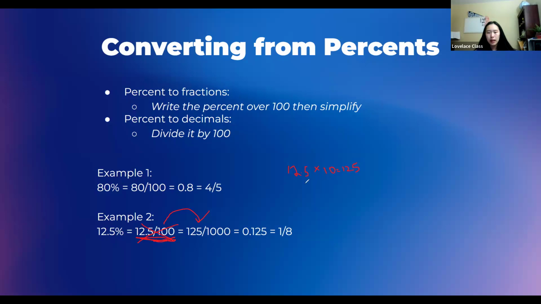So that would mean that's 125 over 100 times 10, which equals 1,000. So that might be a little bit confusing. It's okay if it is. But that's basically how you get here. And then once you get here, you can just divide by as many numbers as you can to get to 1/8. Does that make sense?